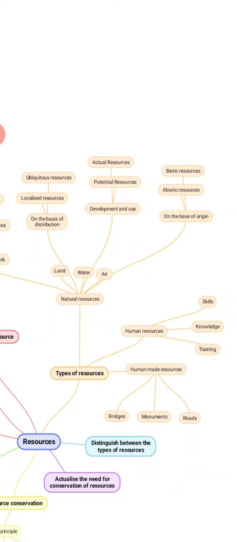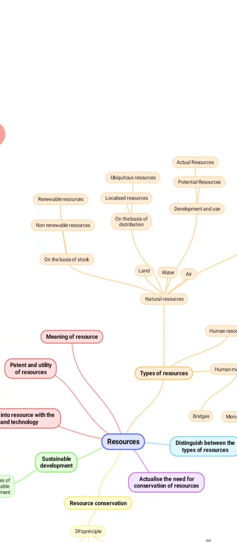On the basis of origin, they are classified into two parts, biotic resources and abiotic resources. On the basis of development and use, they are divided into two parts, actual resources and potential resources. On the basis of distribution, they are divided into two parts, localized resources and ubiquitous resources.